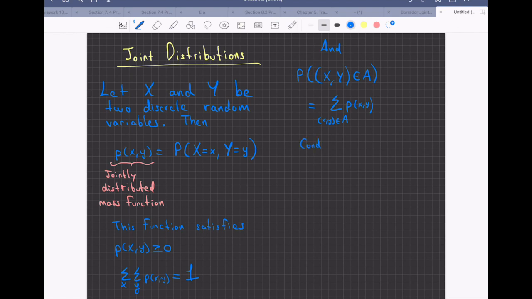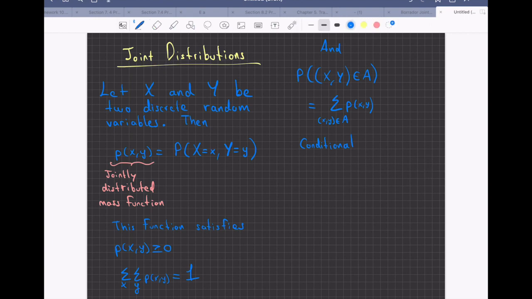And conditional, the probability that X is equal to lowercase x given that Y is equal to lowercase y is equal to p of x and y divided by, oh, I'm sorry. First, I have to define the marginal. I went one step forward, but no problem.